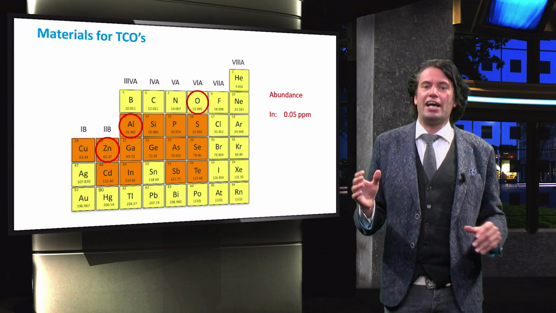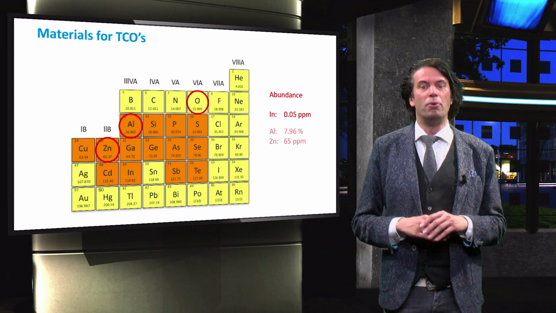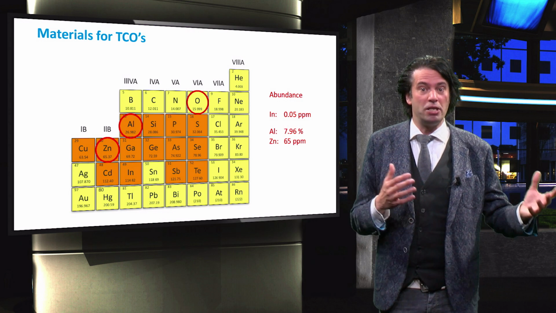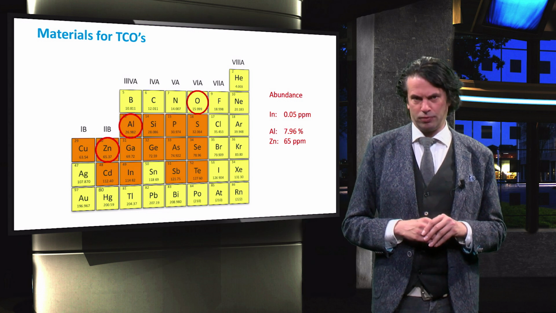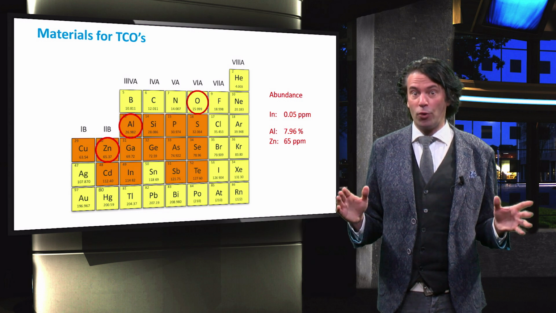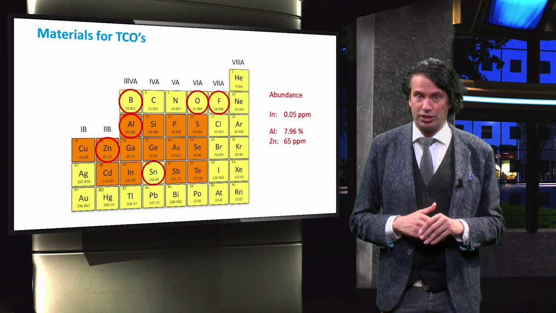The materials of AZO are non-toxic and inexpensive due to an abundance of about 8% for aluminium and 65 parts per million for zinc. Other alternatives are boron-doped zinc oxide and fluorine-doped tin oxide.